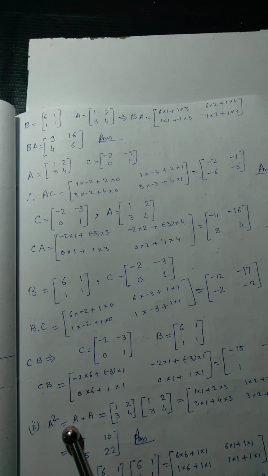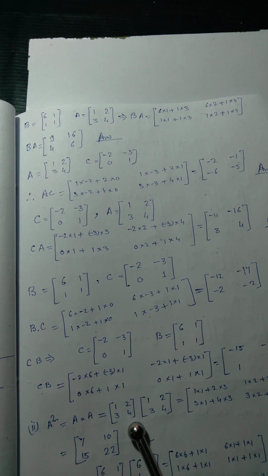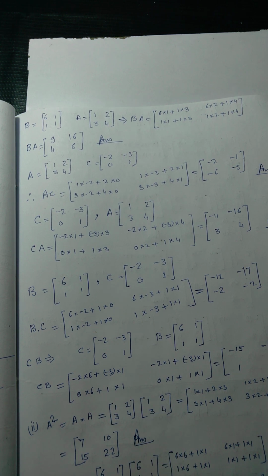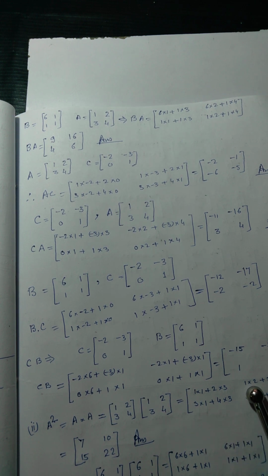A square is equal to A into A, that is equal to 1, 2, 3, 4 multiplied by 1, 2, 3, 4. That equals 1 into 1 plus 2 into 3, 1 into 2 plus 2 into 4, 3 into 1 plus 4 into 3, and 3 into 2 plus 4 into 4.